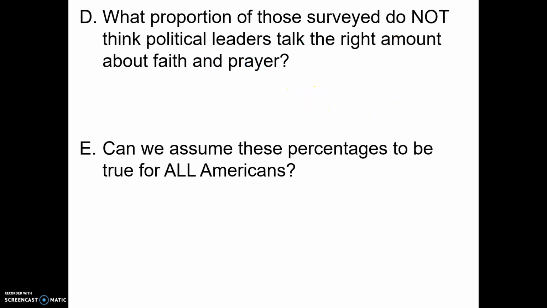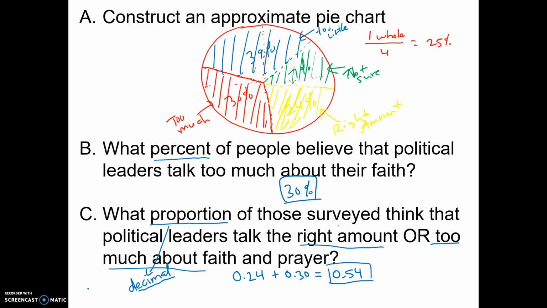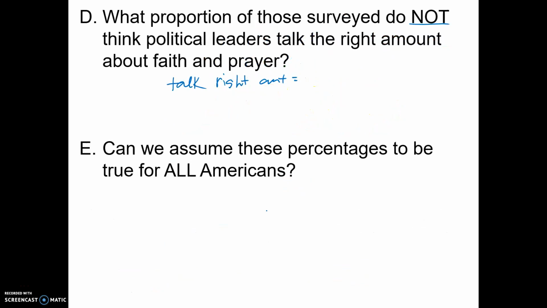What proportion of those surveyed do not think political leaders, now here's the keyword, do not, think they talk the right amount? So here's the easiest way to do this. Let's figure out what proportion of people think that the political leaders talk just the right amount. If you go back, the right amount is 24%, or 0.24.